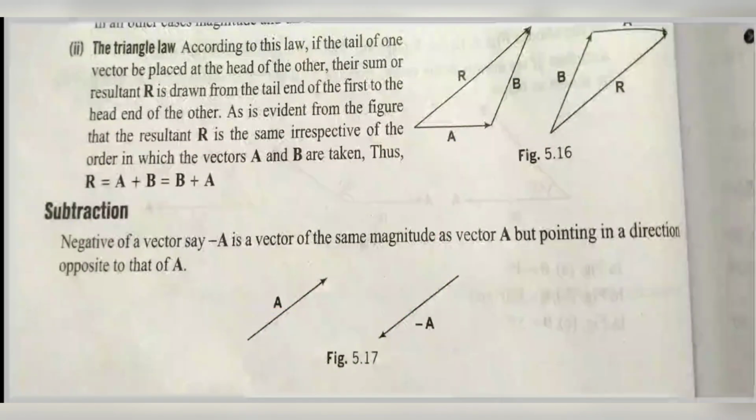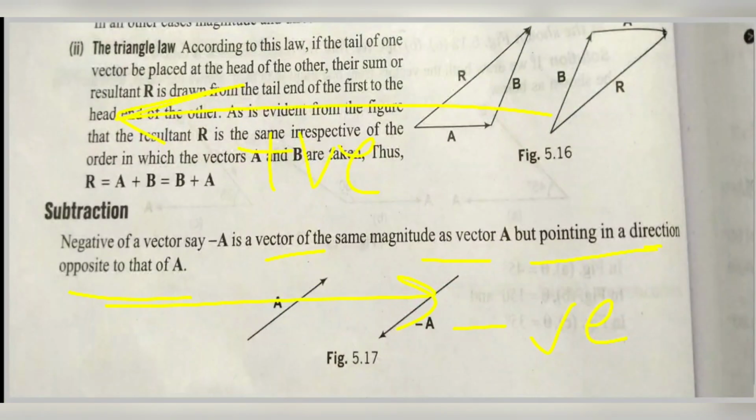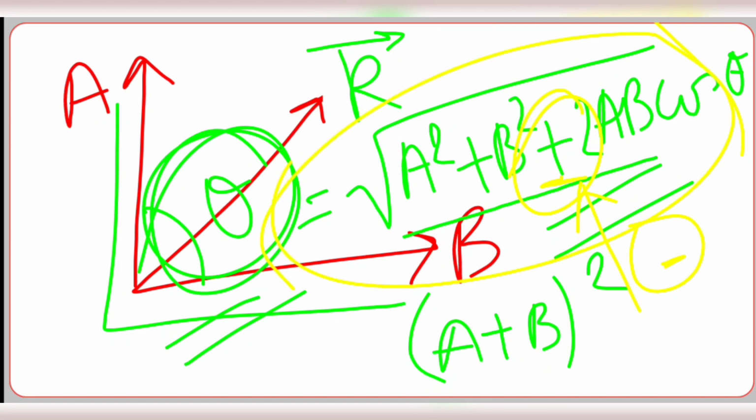The negative of a vector a is a vector of the same magnitude but pointing in the opposite direction. I said that if we take this as positive, then this will be the negative one. So subtraction will be like this, and nothing will change, just in the formula where we use it, when it's subtraction, we just need to put a minus here. When we have addition of two vectors, we give plus, and when it's subtraction of a vector, we give minus.